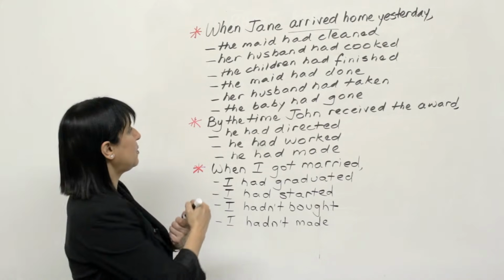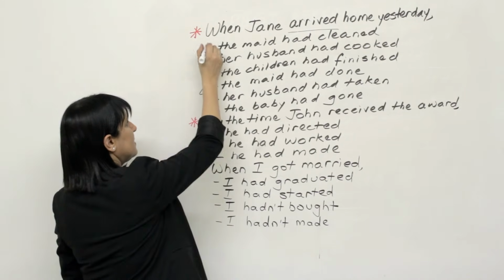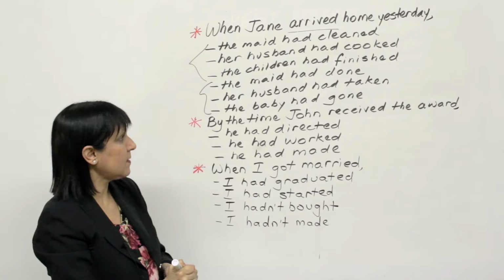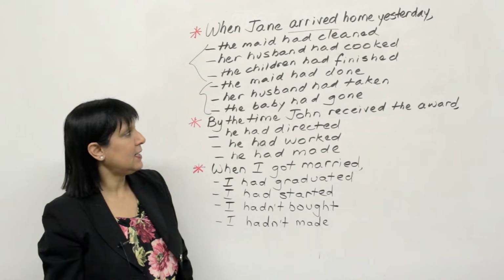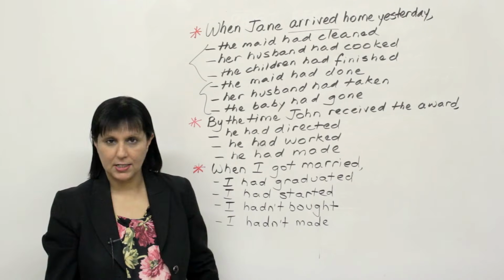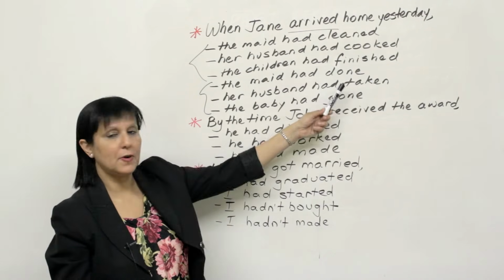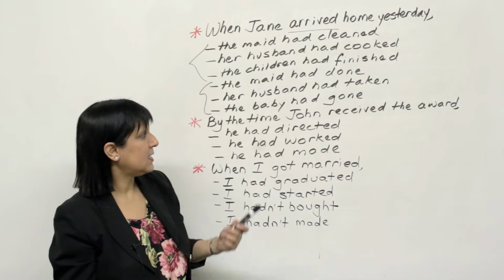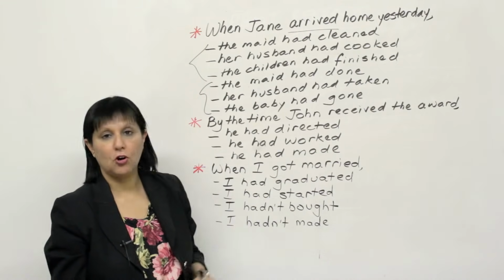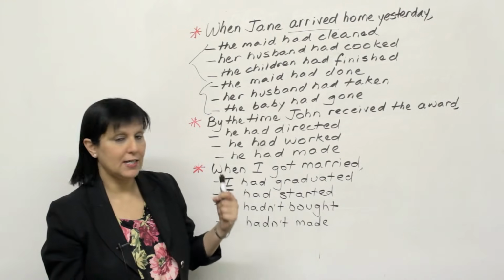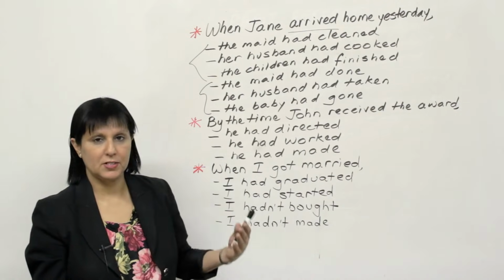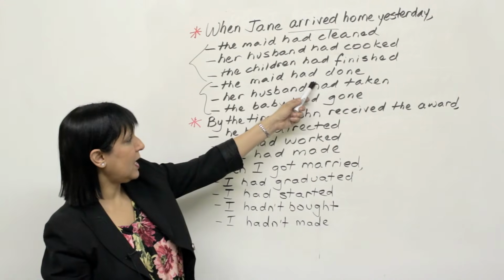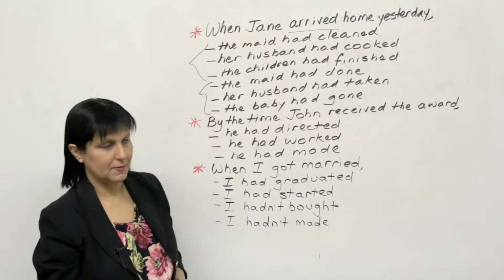Okay? I purposely gave you some examples here which are regular verbs like cleaned and cooked and finished, and some which are irregular verbs such as done, taken, gone, right? Do, take, and go. When we use it in the third form, in the past participle form, then we have to use them like that. Okay?